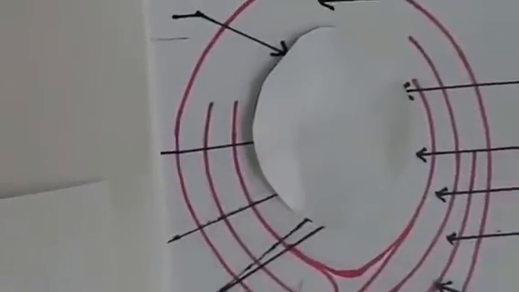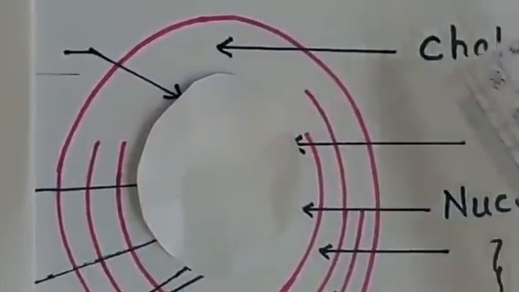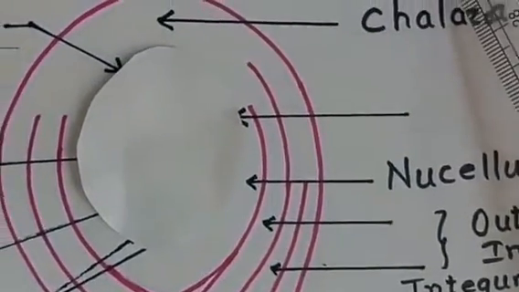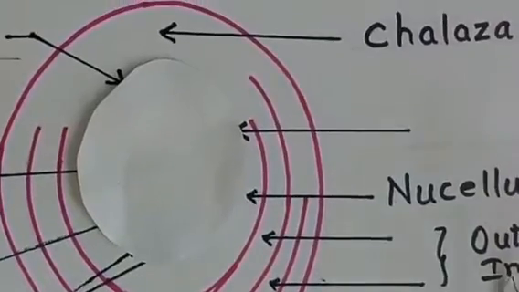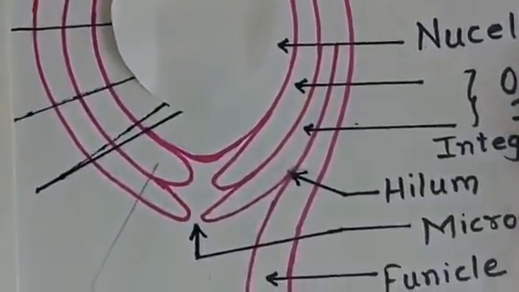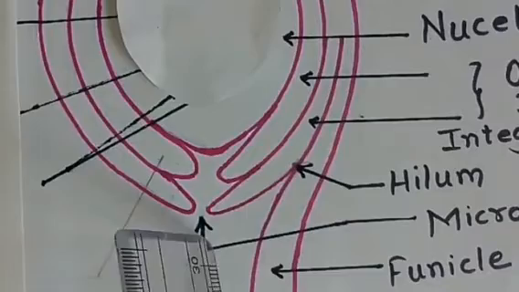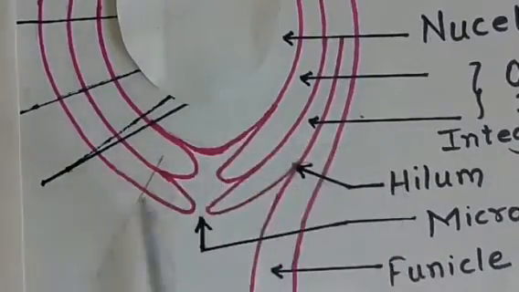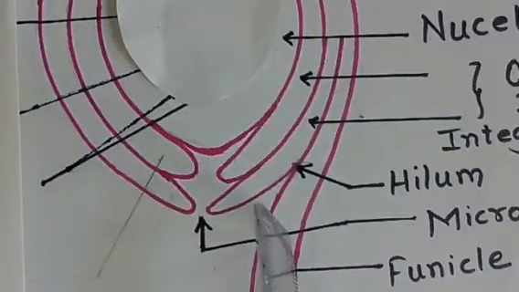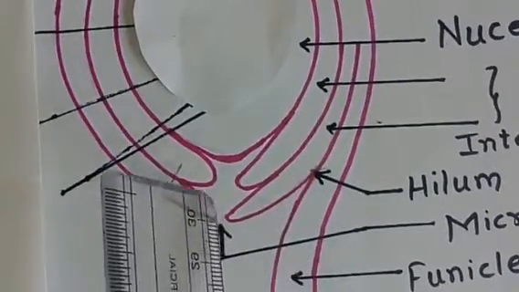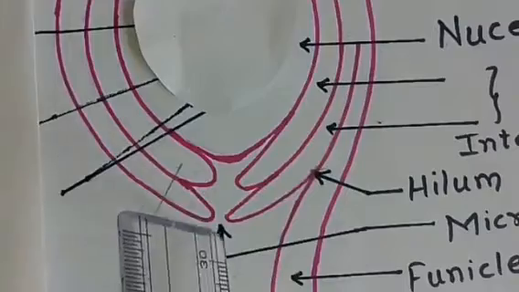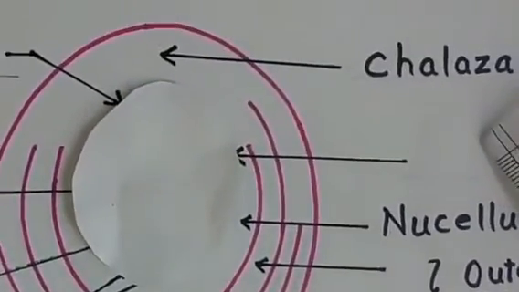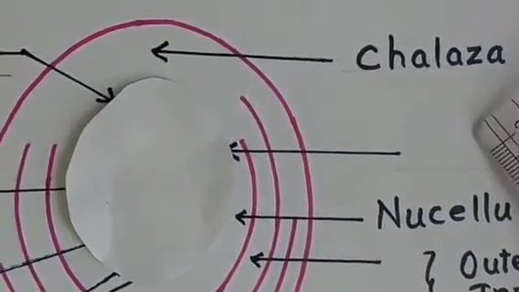And then comes anatropous ovule. Anatropous ovule is also called an inverted ovule, and in this type of ovule the micropylar end and funicle are present close to each other or they lie adjacent to each other, and the micropyle is directed downwards. So these are the basic differences between anatropous ovule and orthotropous ovule.